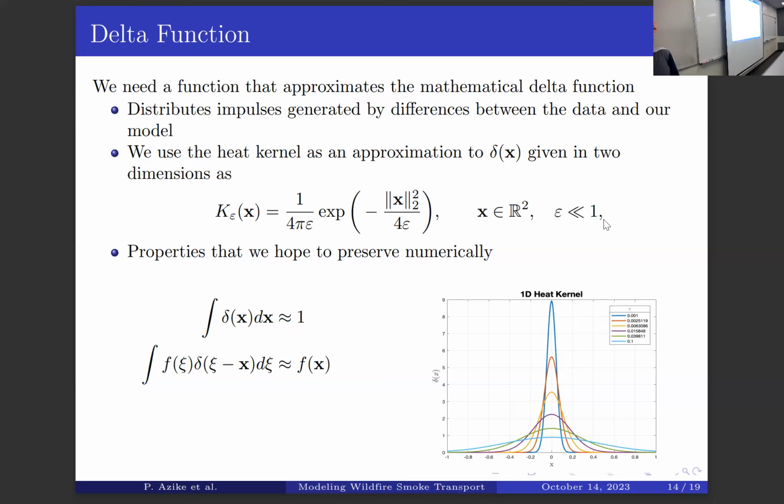For really small epsilon, we want to make sure our delta function doesn't fall through, so we can measure those impulses that occur as a result of the differences between our model and the observations. If we look at this 1D description of the heat kernel, it's infinitely high at this point, and then outside of 0, it's almost 0.